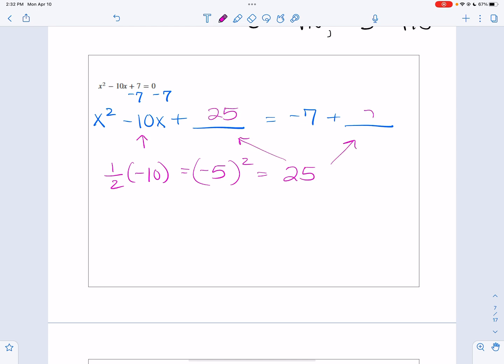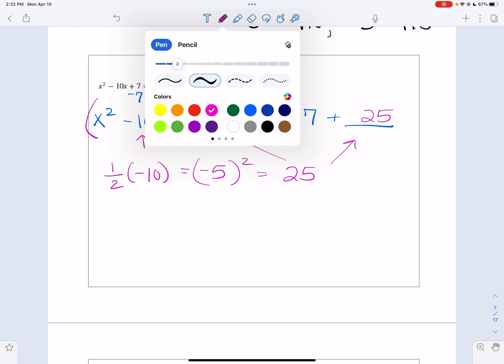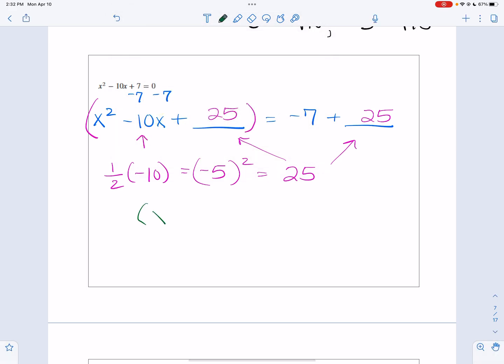And that goes in the blanks. So we're going to factor this. So that becomes x, whatever this number is, minus 5 in parentheses squared, and 25 plus negative 7 is 18.